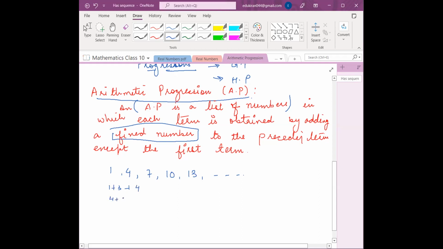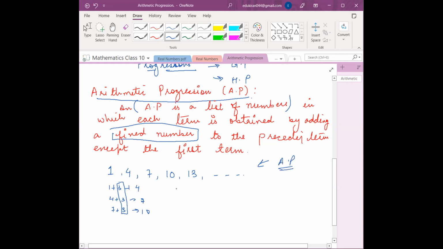Similarly, 4 plus 3, I get my next term 7. Similarly, 7 plus 3, I get 10. So you can see there's a fixed number 3 which is being added to every term. Such a type of list of numbers or sequence is called an AP. So this is an AP. Got it? Okay, ma'am. Yes.